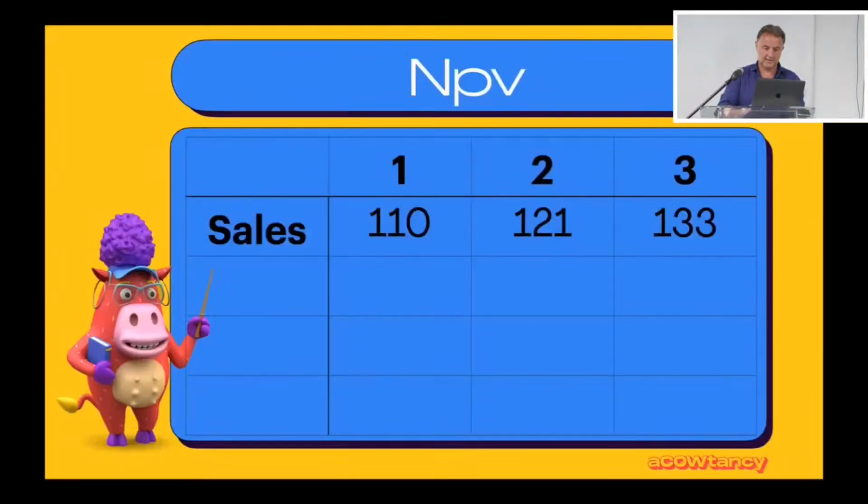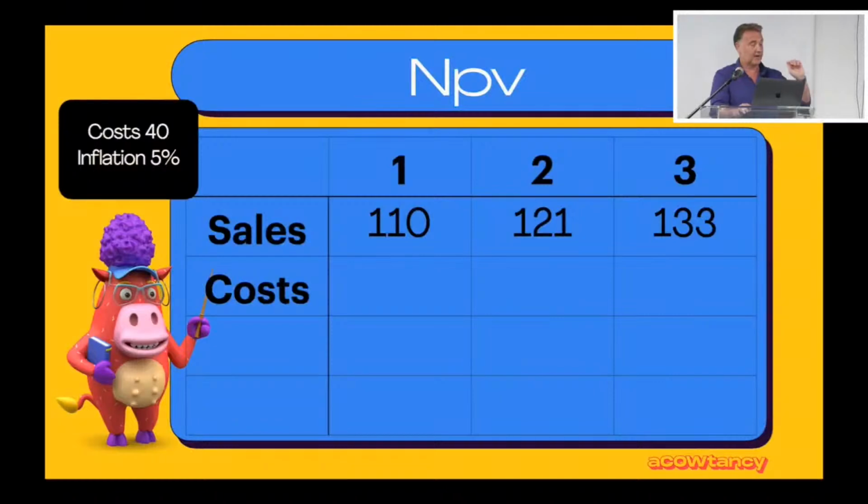So let's test whether it does. If you then got told that costs were 40 and inflation was 5%, what would you put into your formula? I'll give you the first number, 40. Then what would you put? Times by 1.05, so 1 plus the inflation rate, 1.05, to the power of 1.